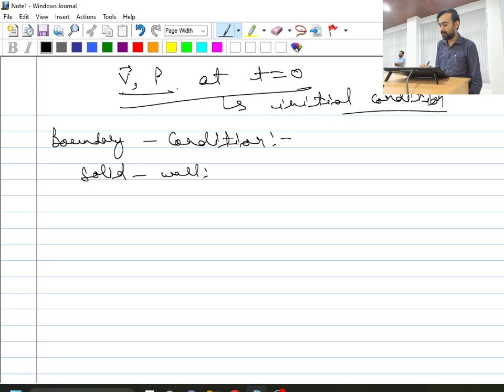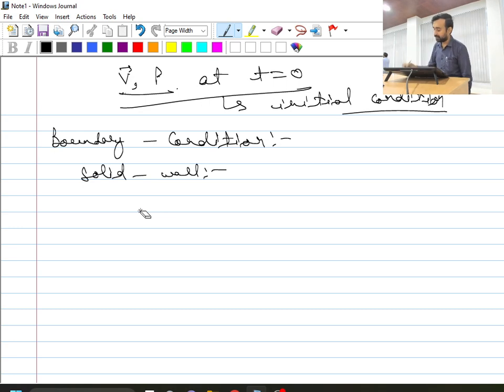So if I have solid wall, what is the meaning of solid wall? There will be impermeable boundary. It means normal component of the velocity will be 0, and because of the no slip condition, tangential component will also be 0.